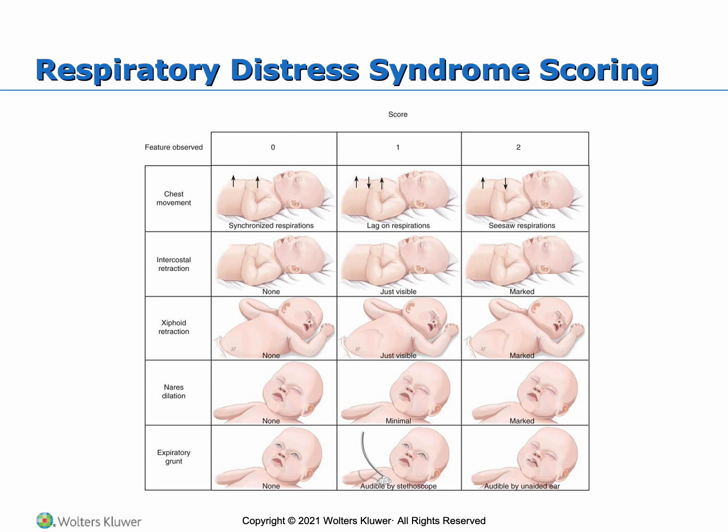Are they seesaw? The intercostal retractions, are they marked? Xiphoid retraction, again, are they marked? Nares dilation, and expiratory grunt. Normally functioning infants should have a cumulative score of 0, whereas critically ill and severely depressed infants will have scores closer to 10.